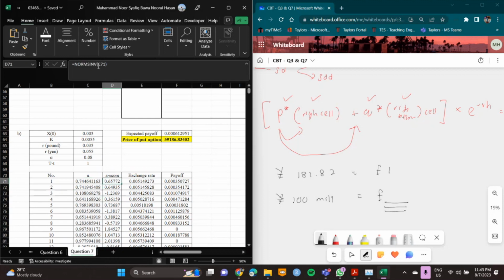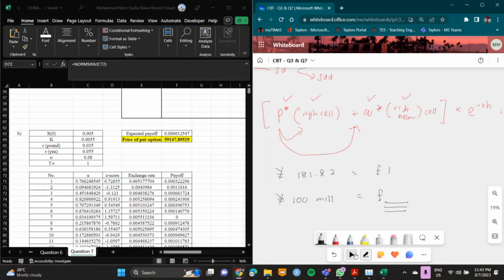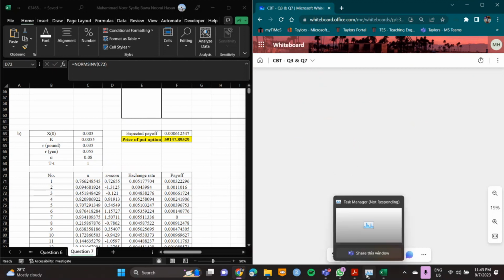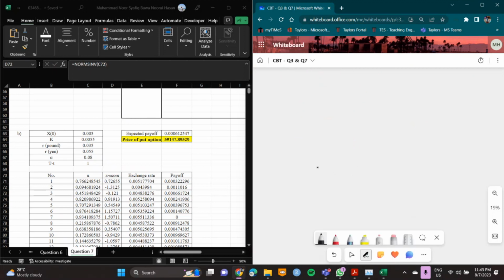Okay, then for the Z score, we use the NORM.S.INV because this is a standard normal. We're going to find the standard normal inverse of the U so that we get the Z score. And for the exchange rate, this is 1 year, right? So your exchange rate works the same like the Black-Scholes framework.